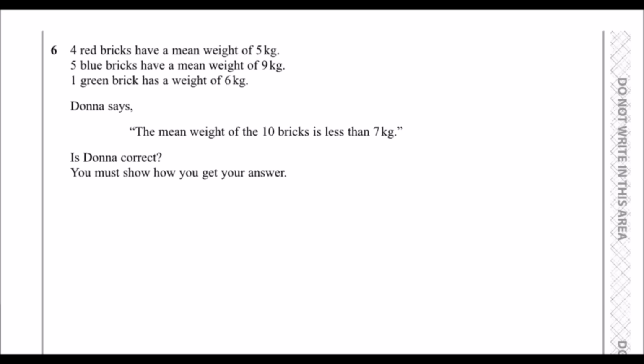divided by how many. So the 4 red bricks have a mean of 5. 4 5s is 20 kilograms. So these 4 bricks in total weigh 20 kilograms. 5 bricks have a mean of 9. 5 9s are 45. So those 5 bricks weigh 45 kilograms, and the other brick weighs 6 kilograms.